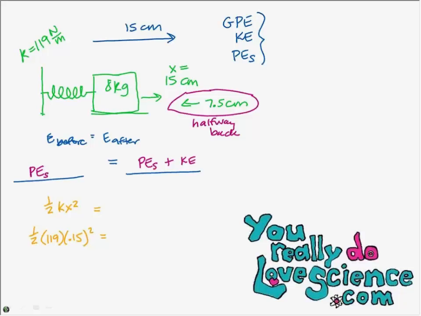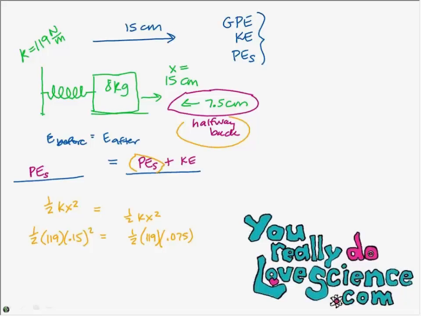Now afterwards, what's the potential energy of the spring halfway back? You know it. It's the same equation. But is it the same values? Different values. So we're going to have 1/2 kx squared, but now the k is still 119. What's x? So then the x would be 7.5. Yeah, and how about 0.075 for meters?